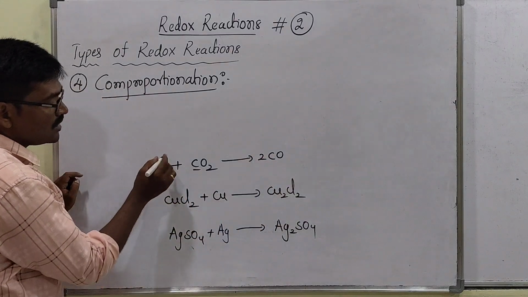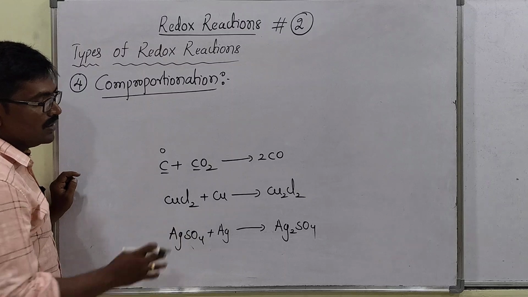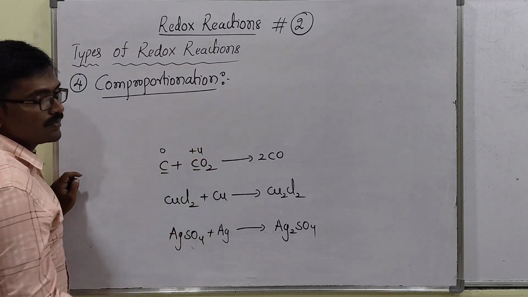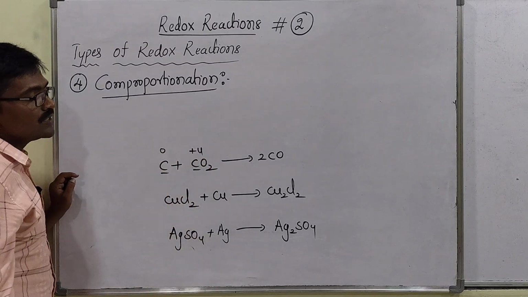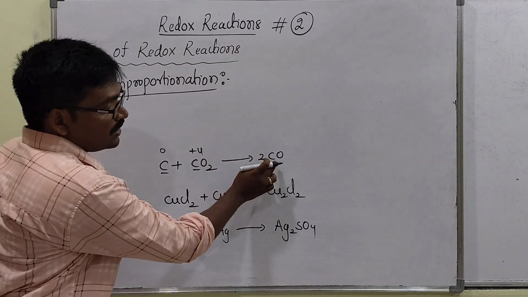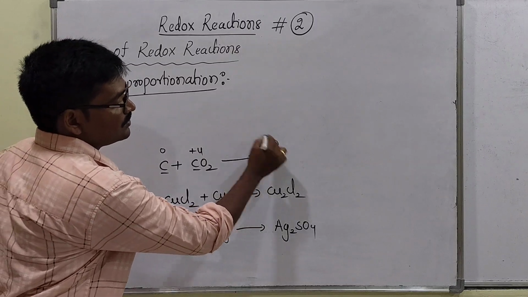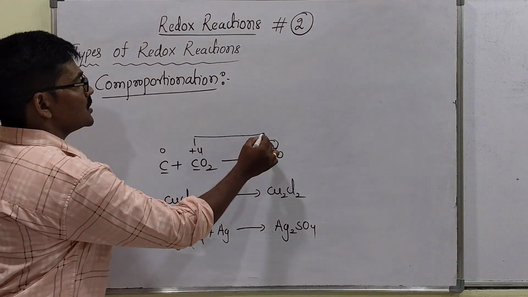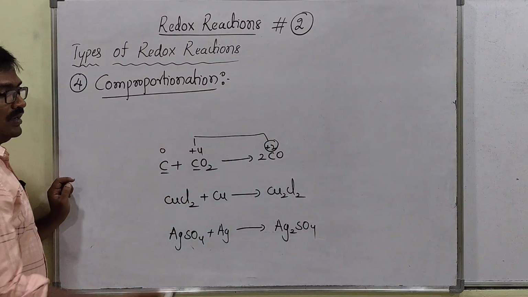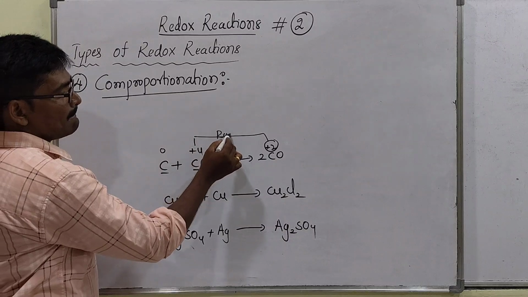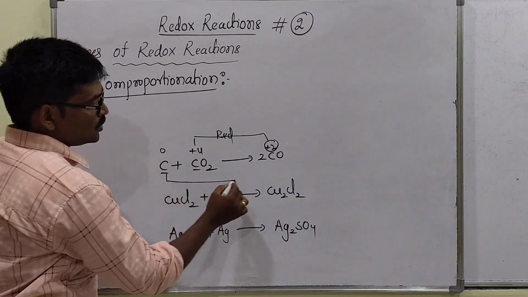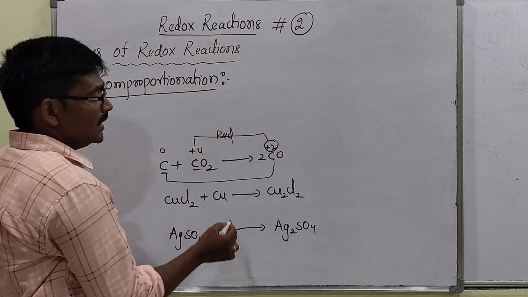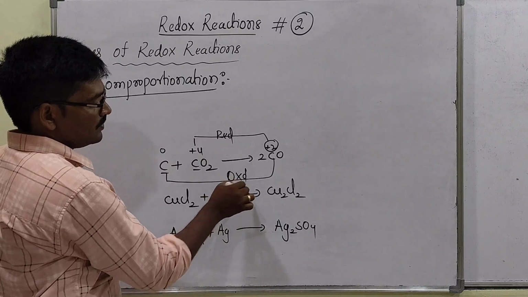So here 0 oxidation state because of elemental form, here +4 oxidation state, two different oxidation states. Then here +2 oxidation state. So +4 to +2, oxidation number decreases, reduction. Then 0 to +2, oxidation number increases, then oxidation.